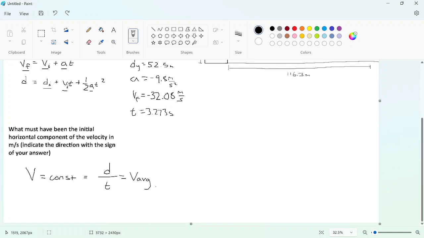Then we have all the information we need to calculate the horizontal velocity. This horizontal velocity is 35.53 meters per second.